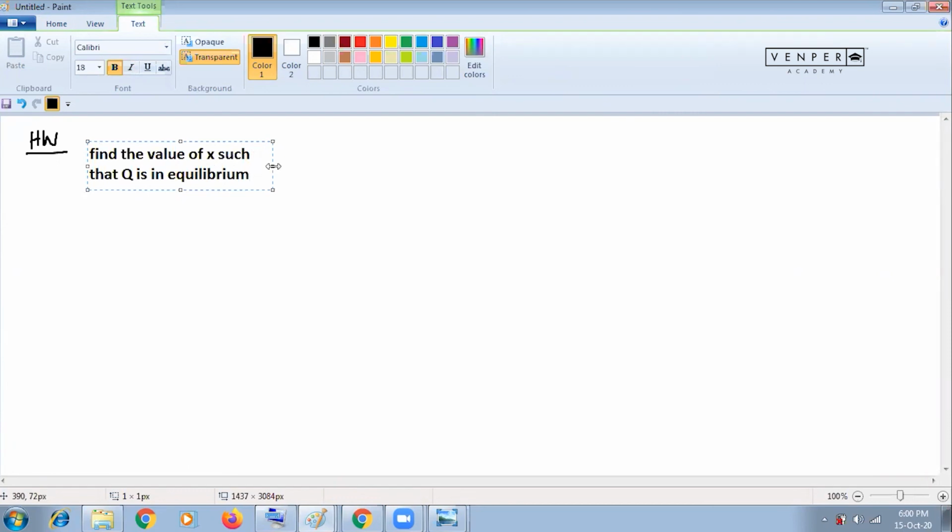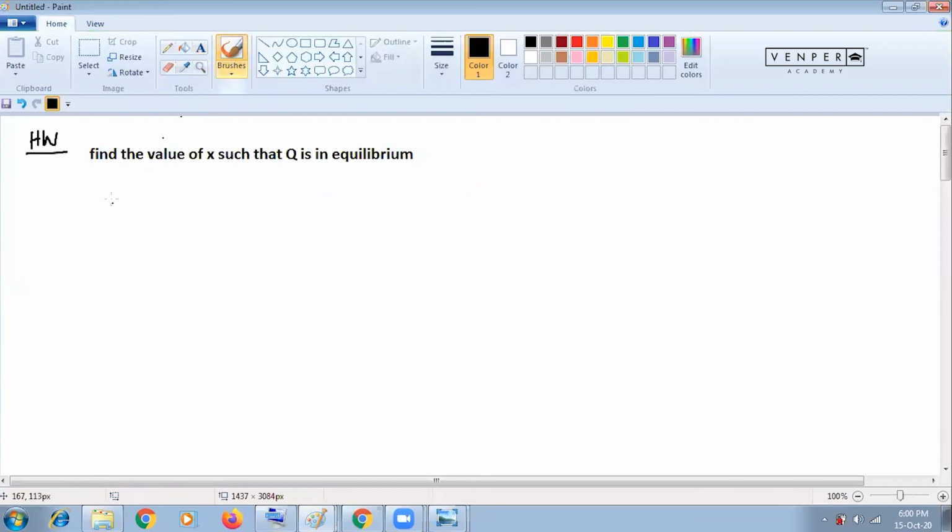And you see, this capital Q can be anything. It can be positive, it can be negative, that does not matter. From yesterday's problem also, from today's problem also, anything you take, capital Q take plus Q or minus Q, as long as Q is in equilibrium only, it is not an issue.